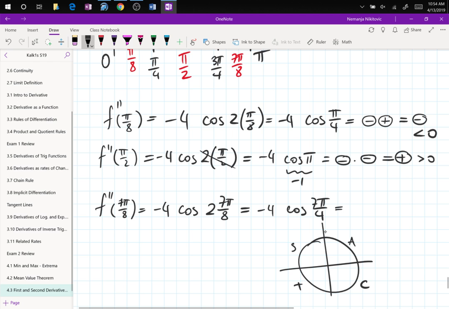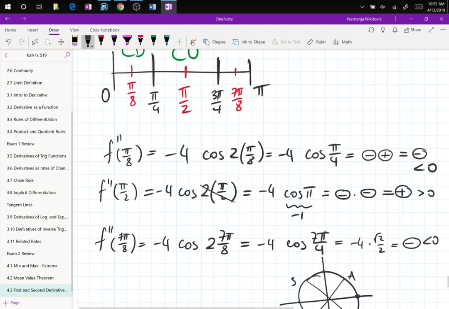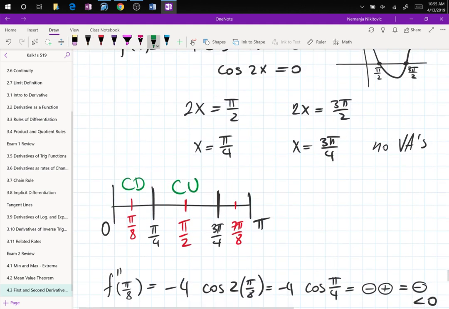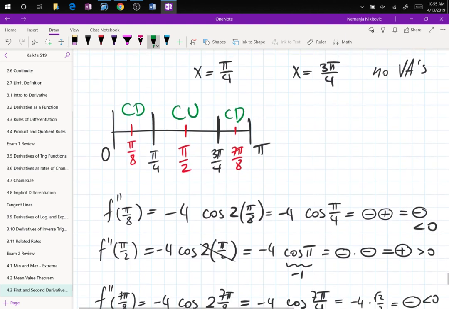We put that for positive and negative values, and divide all of these into quarters. So 0, 1, 2, 3, 4, 5, 6, and 7. So cosine of pi over 4 is the same as the cosine of 7 pi over 4, which is a positive value. So negative times a positive is going to be a negative number, less than 0. So concave down. Now we all know that concave up, concave down, increase, decrease for cosine and sine alternate quickly, so it's okay. But we calculated all the way.